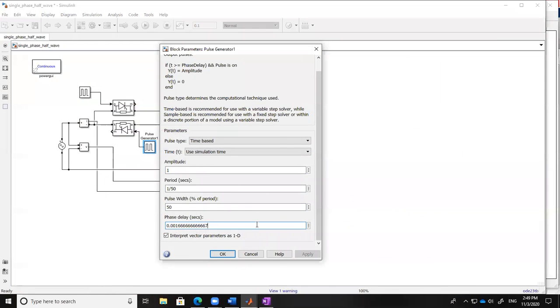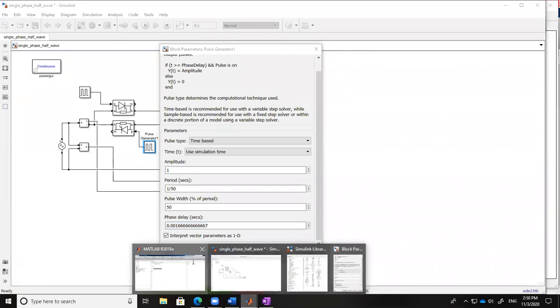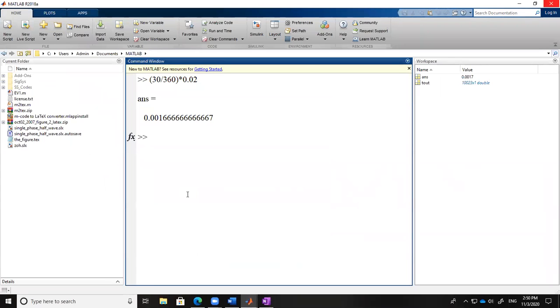So accordingly, you will set, this is alpha actually, and I add pi in it. Pi means 10 divided by 20, pi divided by 2 into pi, okay, into 20 millisecond.